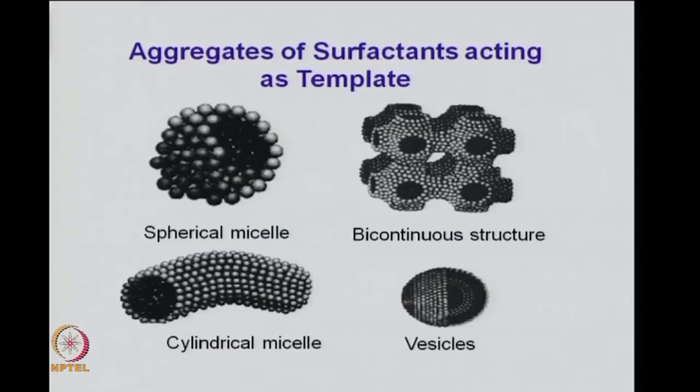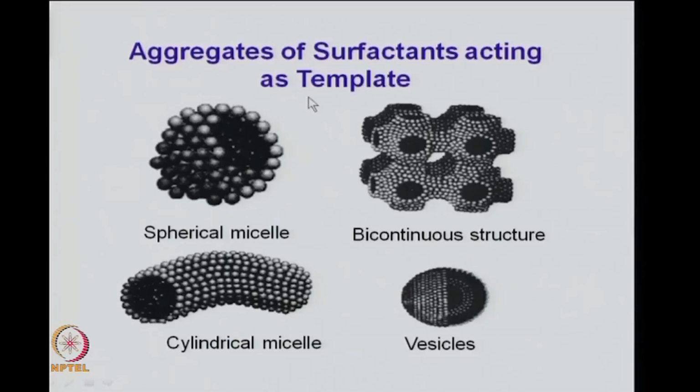Now, you can also use surfactants as a template. So far we were discussing zeolites or metal oxides or metal chalcogenides, 3 dimensional structures and 2 dimensional structures which are hard inorganic solids, whereas here you can make aggregates of surfactants, and these aggregates form from molecules which normally have an organic long tail with some kind of an ion at the head.